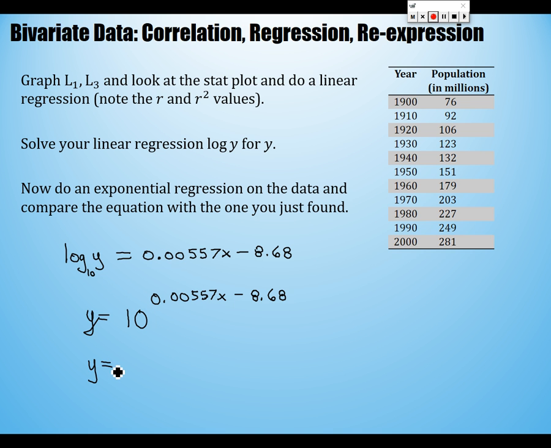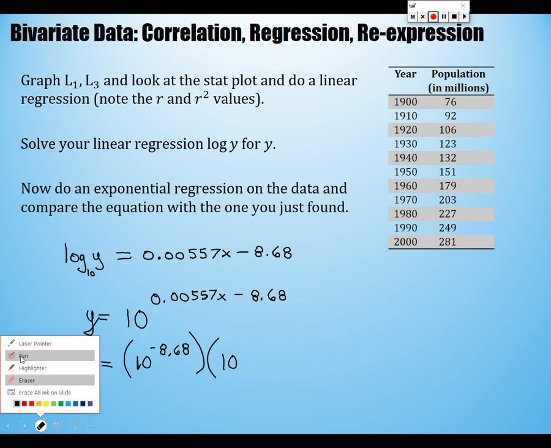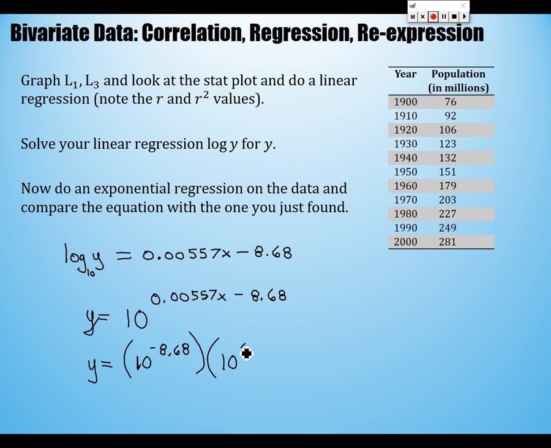It's not maybe obvious what we have here yet, but this is 10 to the negative 8.68 times, if you use laws of exponents here, 10 to the 0.00557x, right?